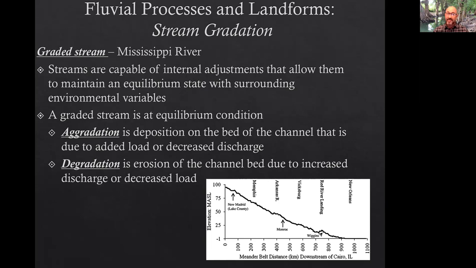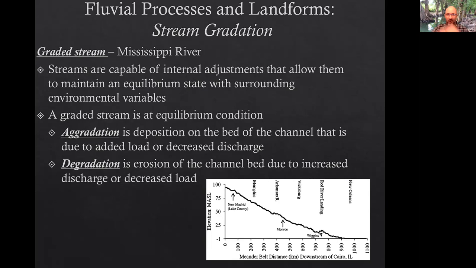But over time, we're talking hundreds, thousands, if not tens of thousands of years, that stream channel will grade itself back to a perfect curve of slope to move water out of the environment without moving too much or not enough. It works it out that way. Just slowly the channel works itself into the environment to create a balance.